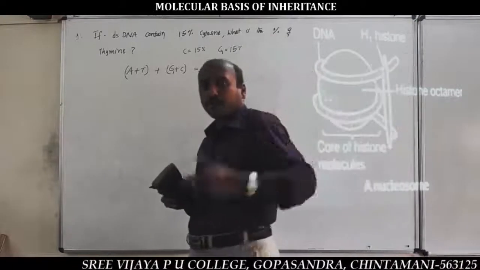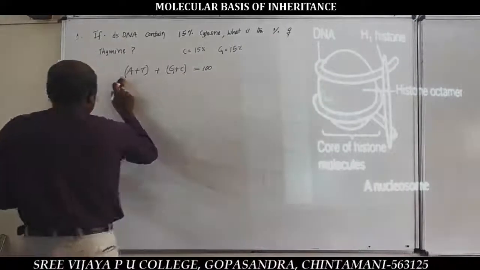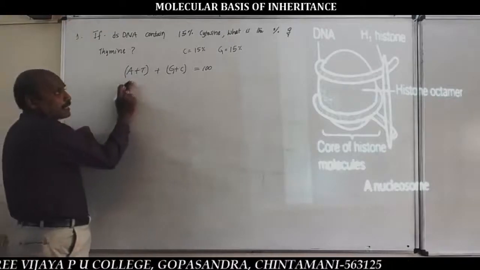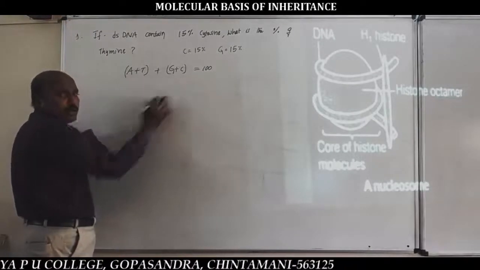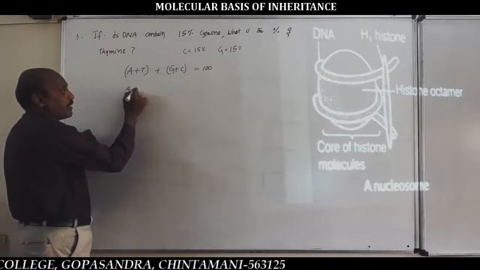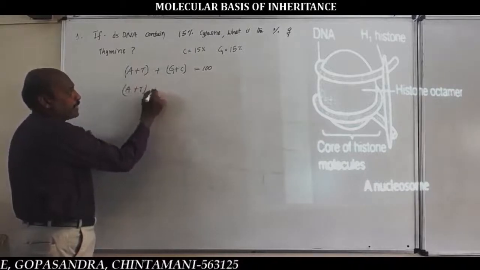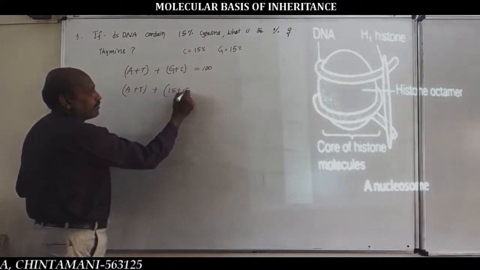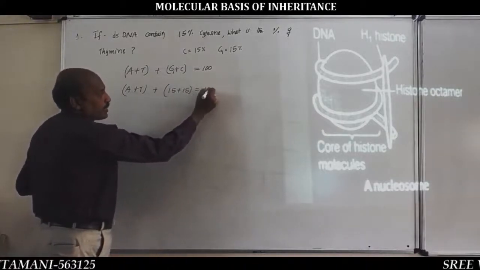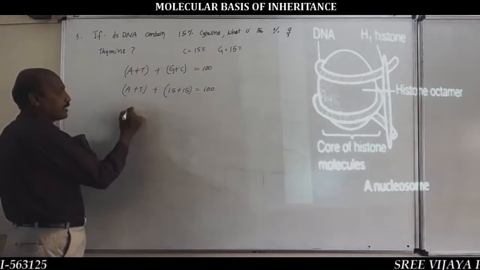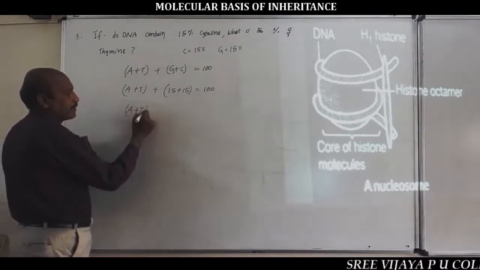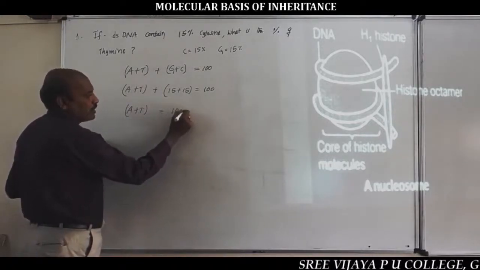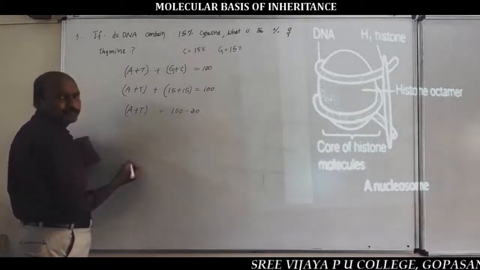Out of 3 or 4 equations, one of the formulas is A plus T plus G plus C equals 100. So, A plus T plus 15 plus 15 equals 100. Here A plus T equals 100 minus 30.